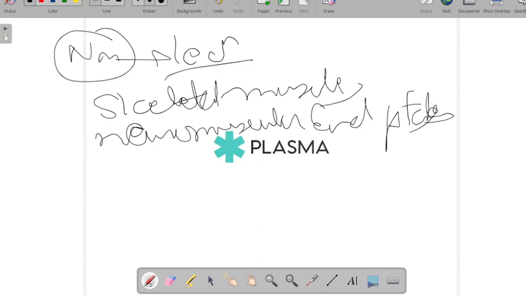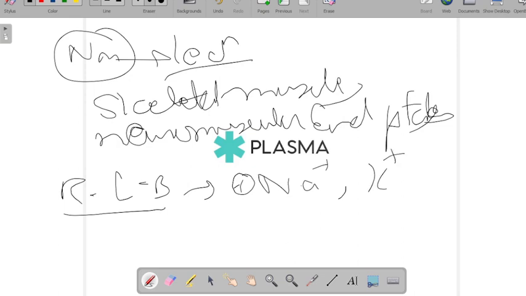Okay. Their result of ligand binding is opening of sodium and potassium channels and depolarization. Right?